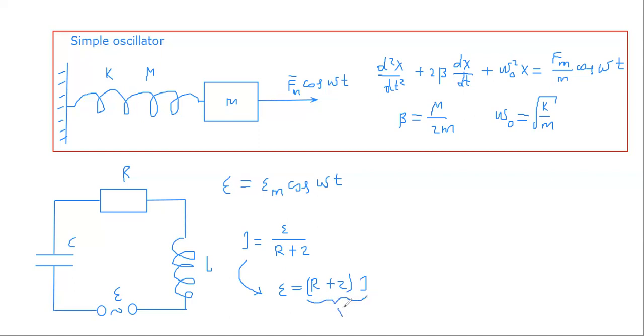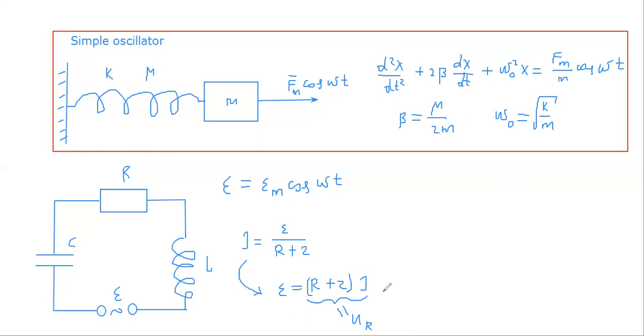And here it can be signed as UR. So this is voltage across resistance R. Voltage across resistance R is signed as UR.